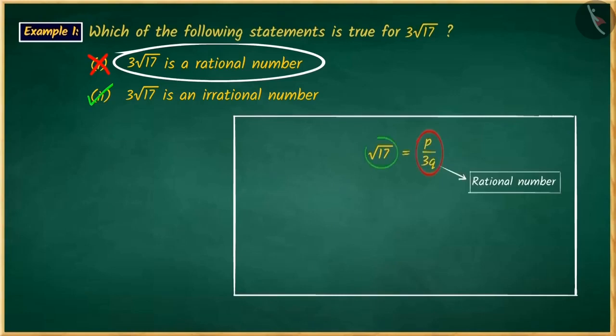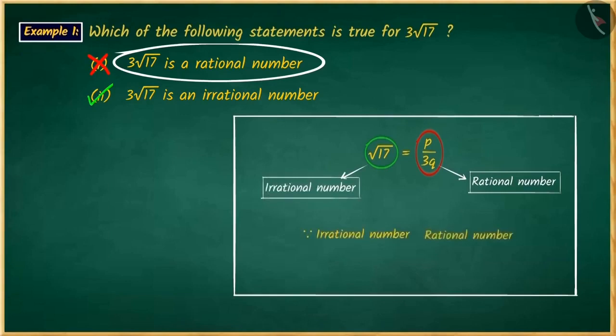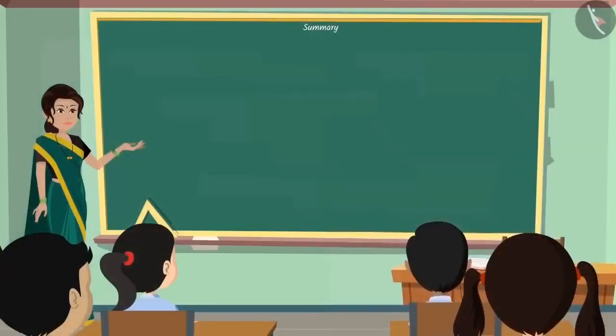Hence, on the left side, square root of 17 should also be rational. But you missed out the fact that square root of 17 is an irrational number and no irrational number can be equal to a rational number. Because of this, your answer is wrong.